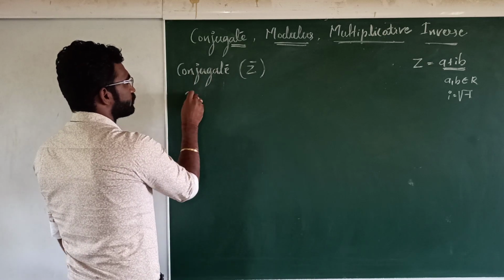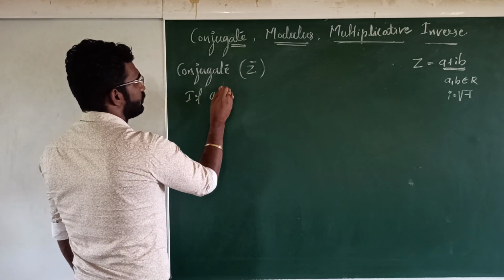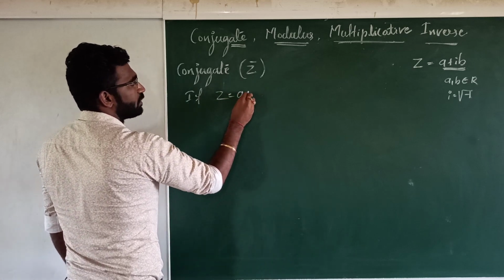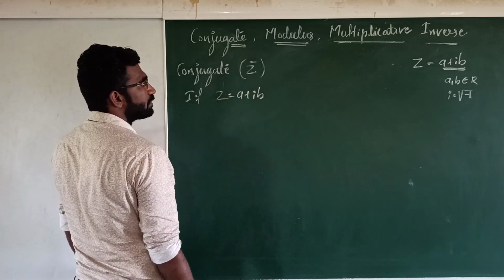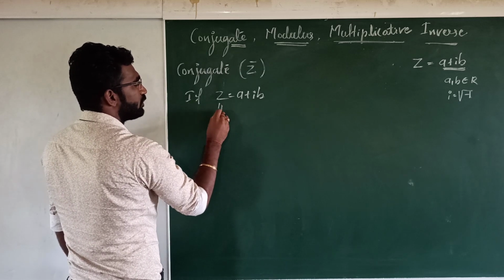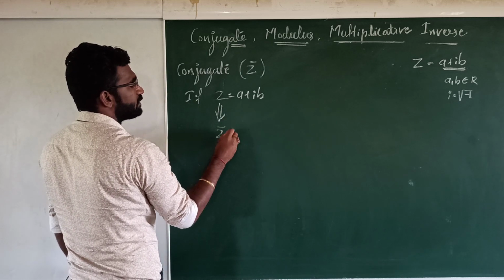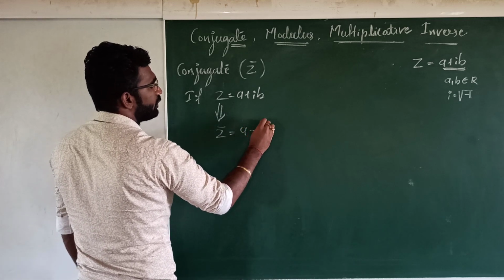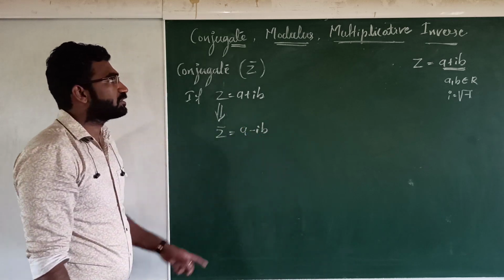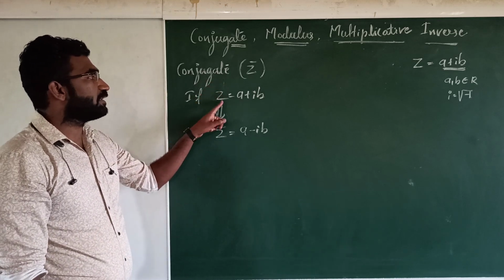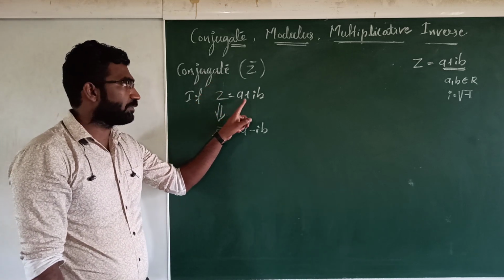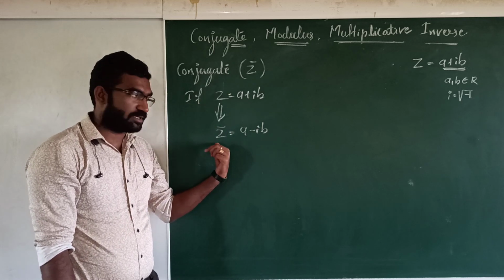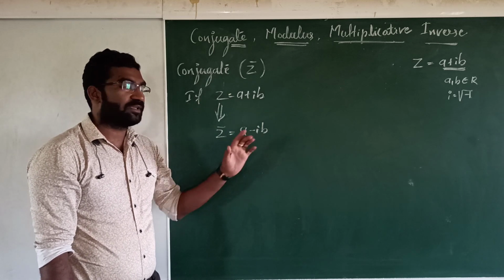If z equals a plus ib is a complex number, then the conjugate of this complex number is denoted by z bar, which is given by a minus ib, right? Simple. So what is the definition of conjugate? If z is the complex number of the form a plus ib, then the conjugate is denoted by z bar, which is given by a minus ib.